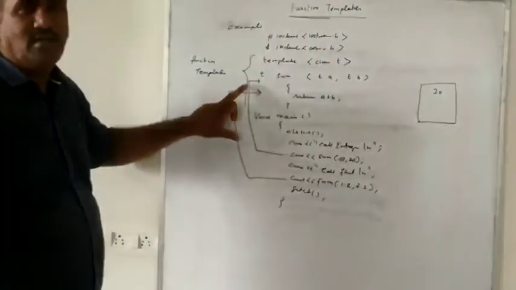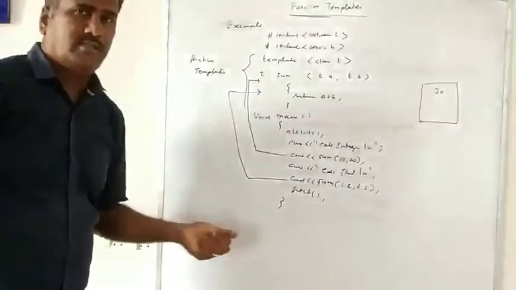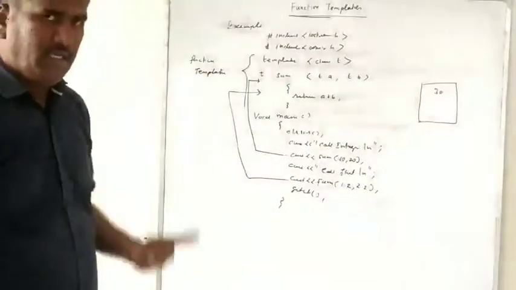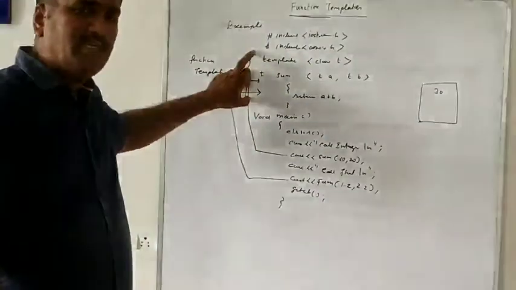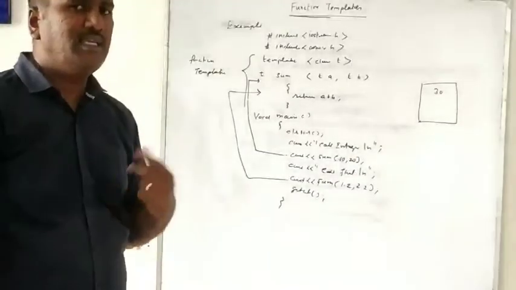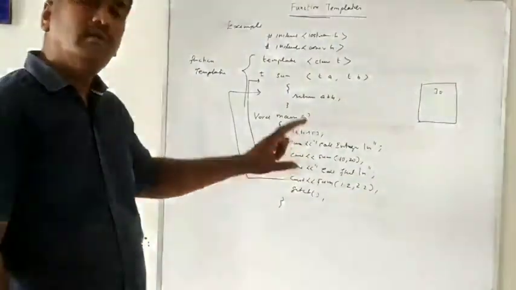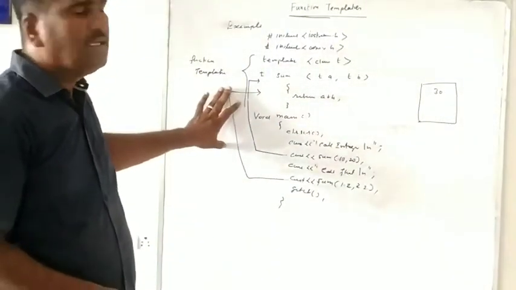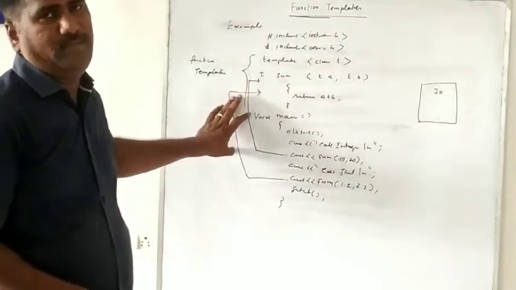So this is called a function template. In the previous example we used two function definitions and two function calls. Here we use only one function definition, but it works for both function calls. If you pass an integer, the function template acts as an integer; for float, it acts as a float. So this concept is called the template function or the generic function.